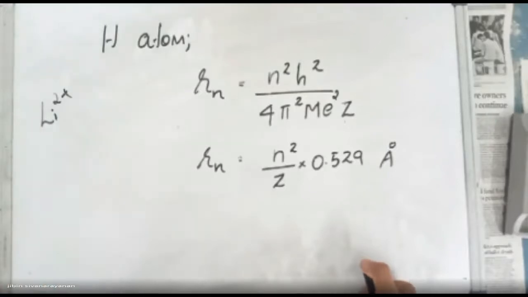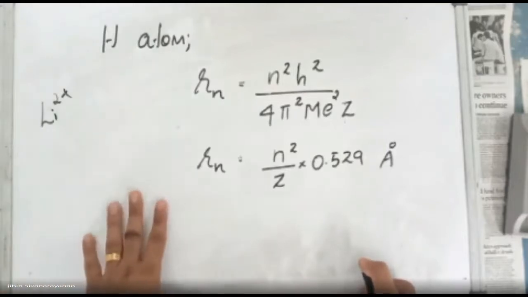So there would be many additional interactions, but we are not considering those additional interactions as major consequences. We are neglecting them and simply considering it as a hydrogen-like atom. There should be many variations, but here we are not considering them as much.